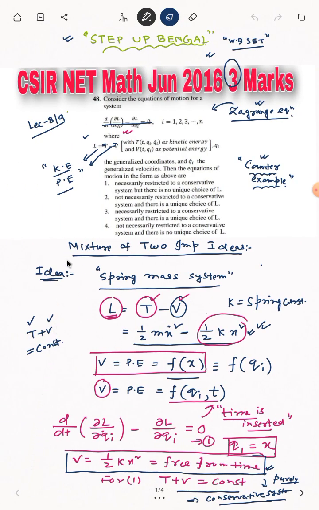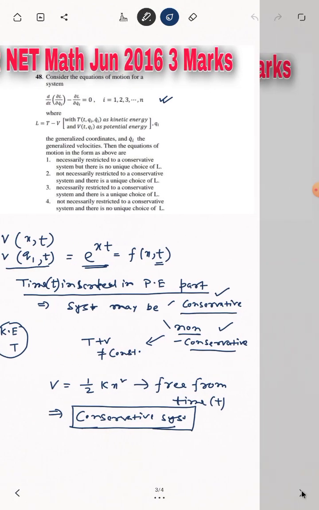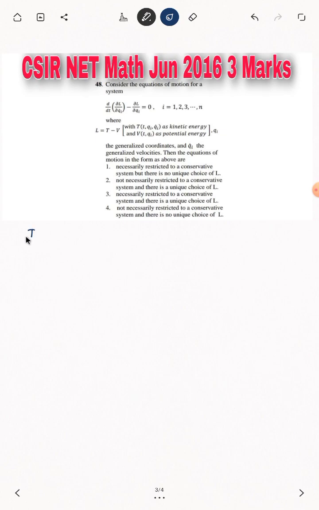As I was discussing, a mixture of two important ideas. This is idea number one. Next we go to the second important idea, idea two. That is also important. This is called gauge transformation.